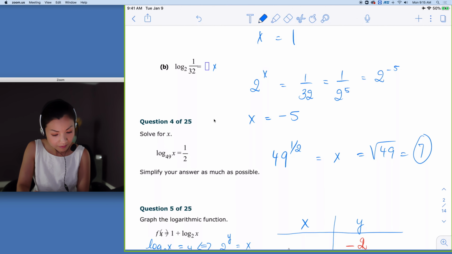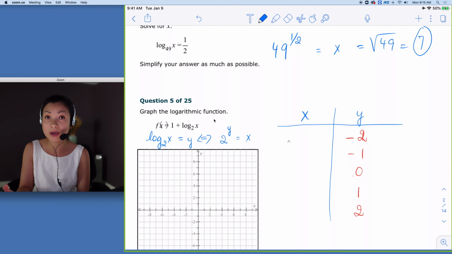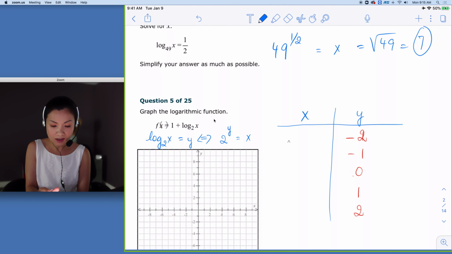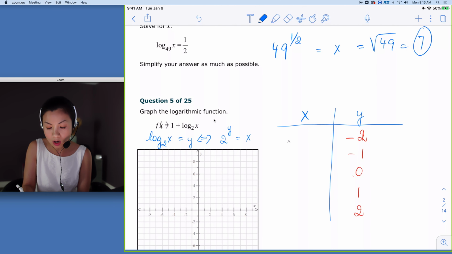All right, graphing. When it comes to graphing, you should definitely make a table. I'm going to do the basic graph first. I'm going to take care of log base 2 of x equals y. You want to rewrite it into the exponential function so we can have the table. Notice that I have y for the exponents, so I pick y's and solve for x.